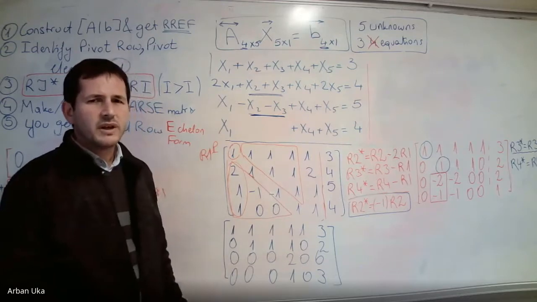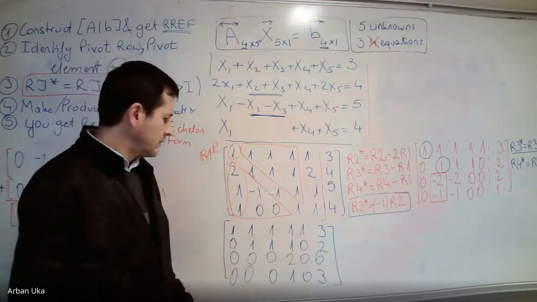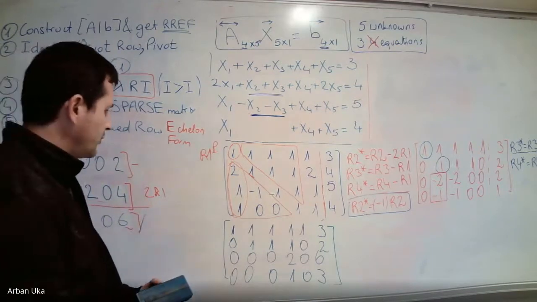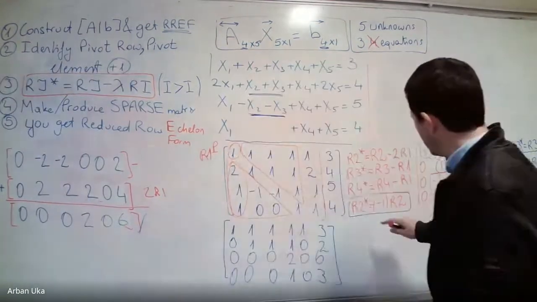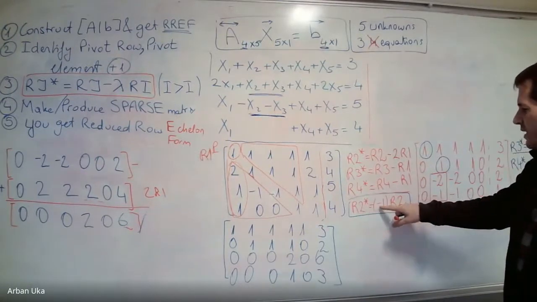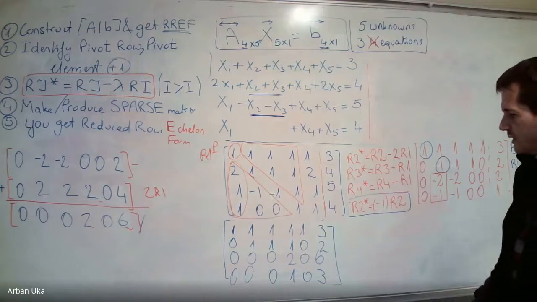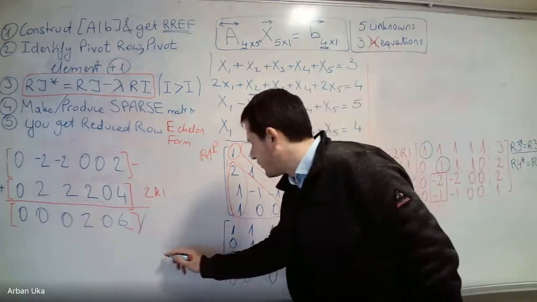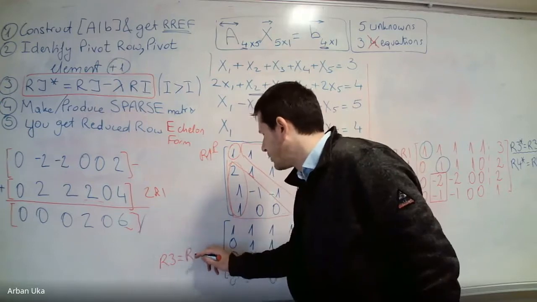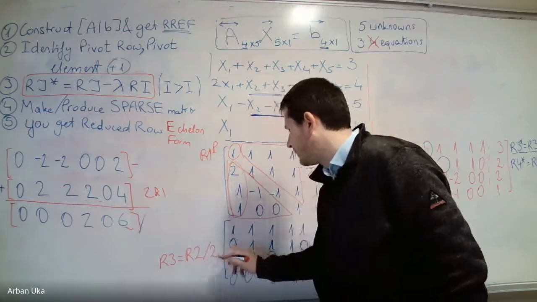Okay? So at this stage, what we can do is the following. I think we remember when we did it like this. We said row 2, we multiplied it by minus 1. We can do it. So here, we can say the following. We can say row 3 is equal to row 3 divided by 2. Okay?